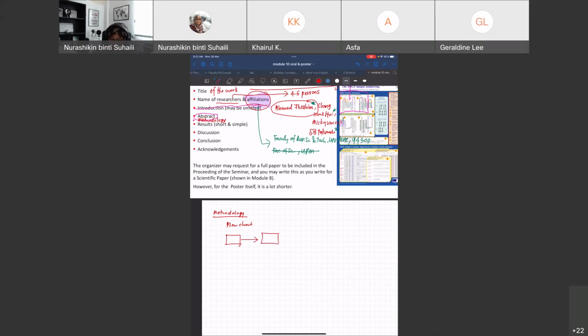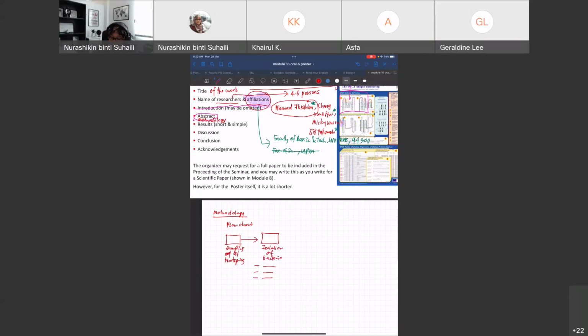Maybe first you do the sampling at a hot spring, and then you go for isolation of the bacteria. Then, whatever methods you use, you just name the methods briefly.